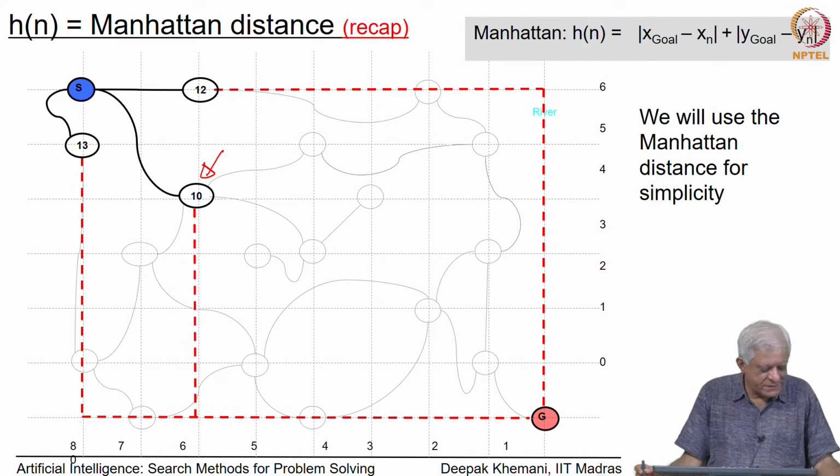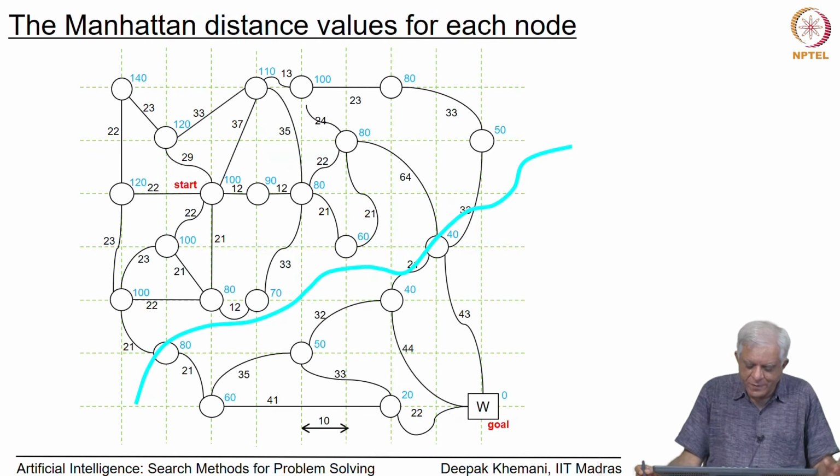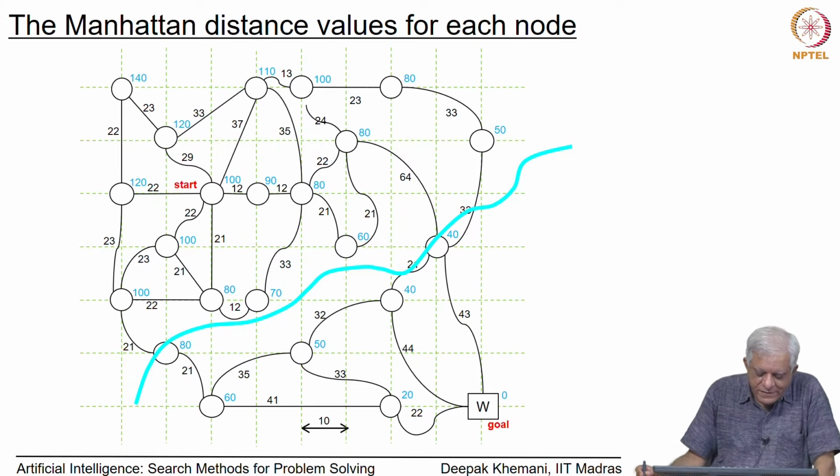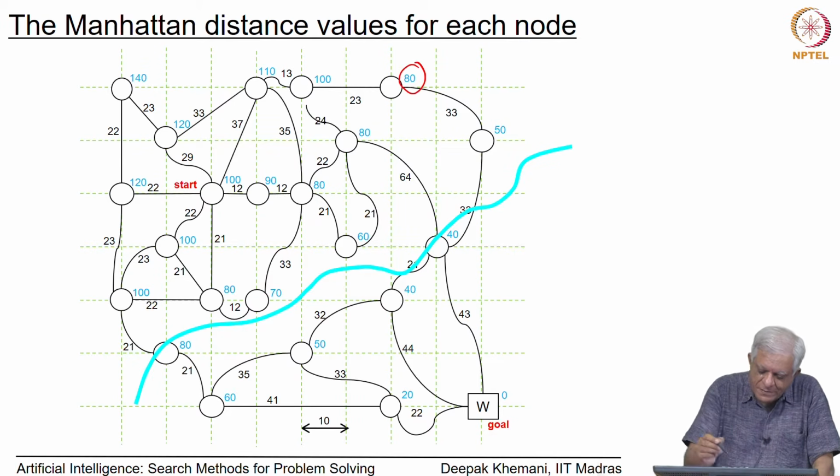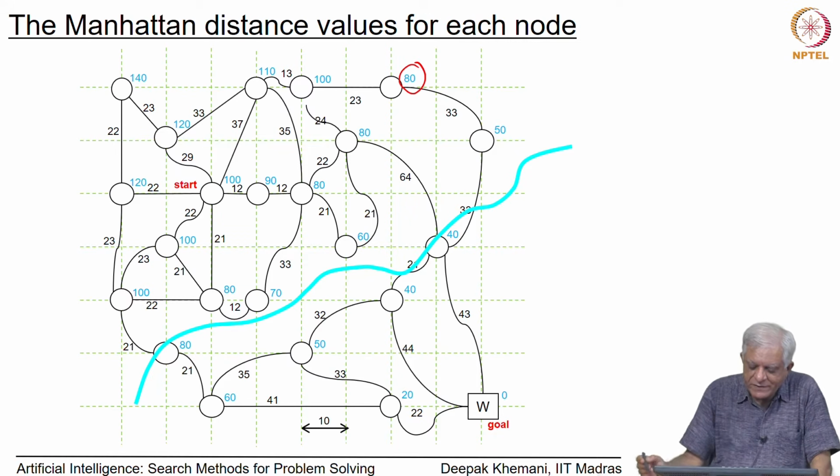Anyway, that does not matter, it is just a matter of scaling. We will use a Manhattan distance for the sake of simplicity, and for the problem that we are trying to address, here are the Manhattan distances shown in blue with every node. So, for example, this value has a value of 80.